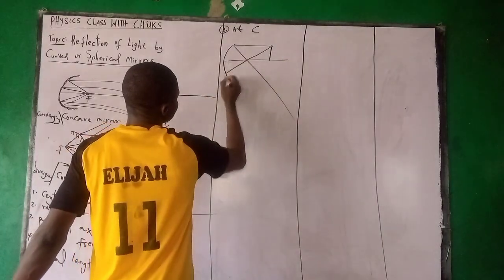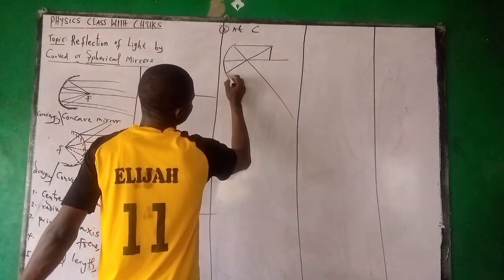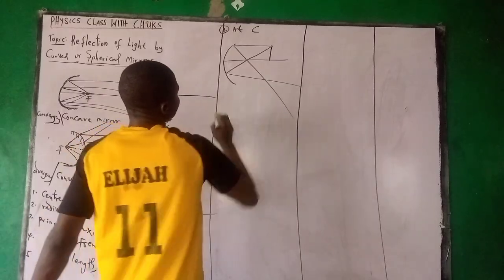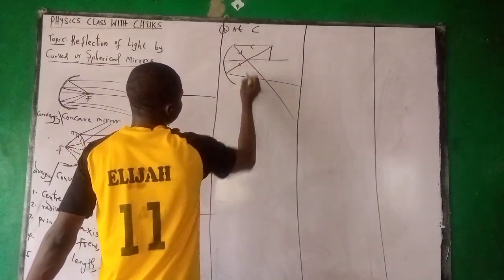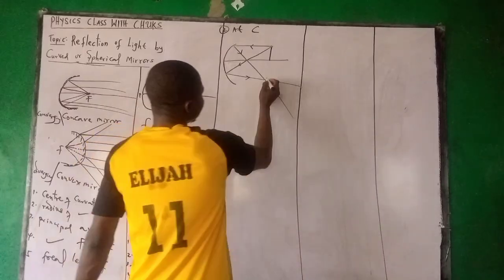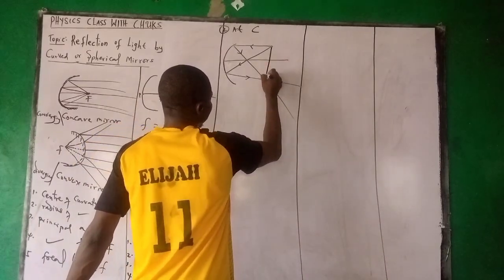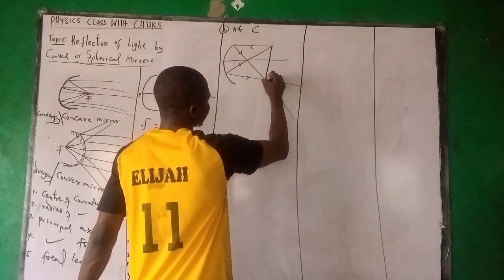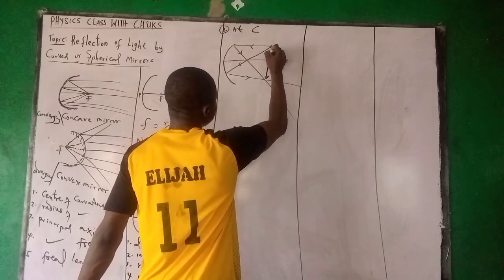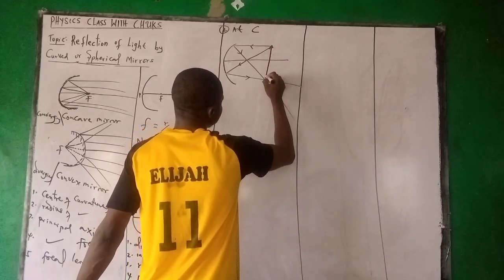When they reflect, they will reflect back. Now this is incident ray, reflected ray, incident ray, reflected ray. At this point, I'm going to get my image. Don't forget, this is the object, this is the image.